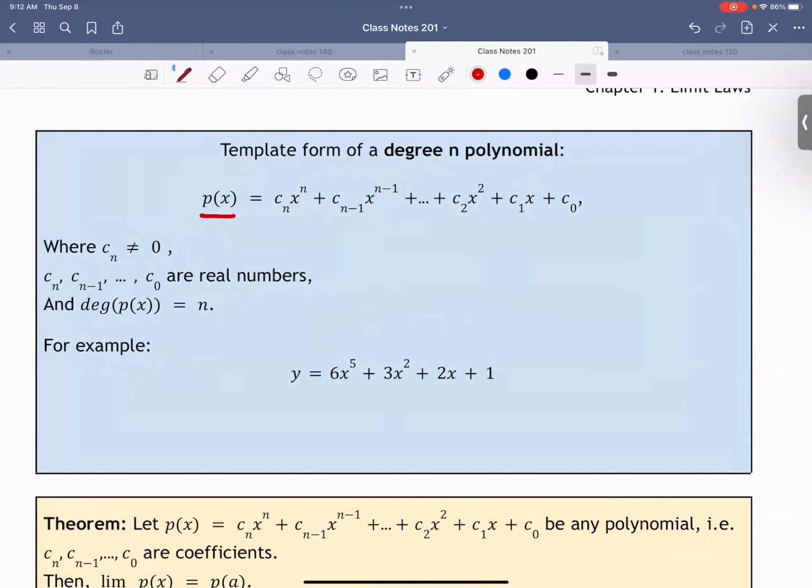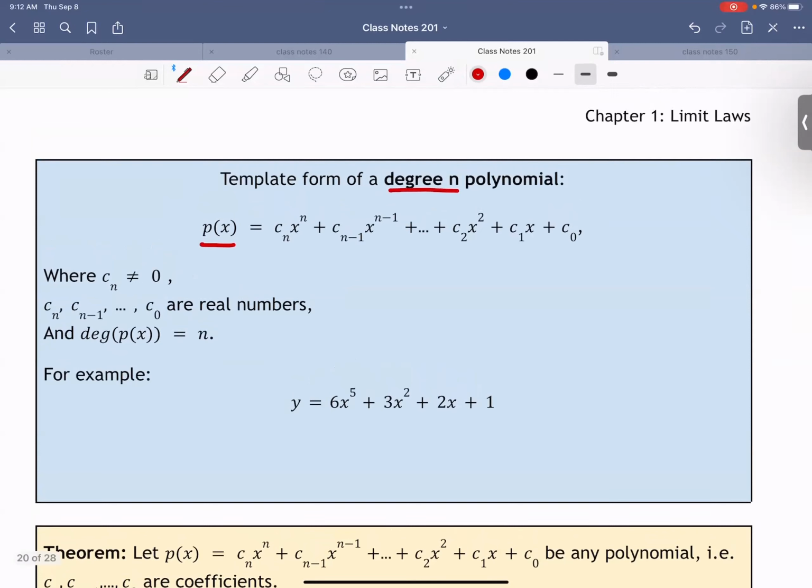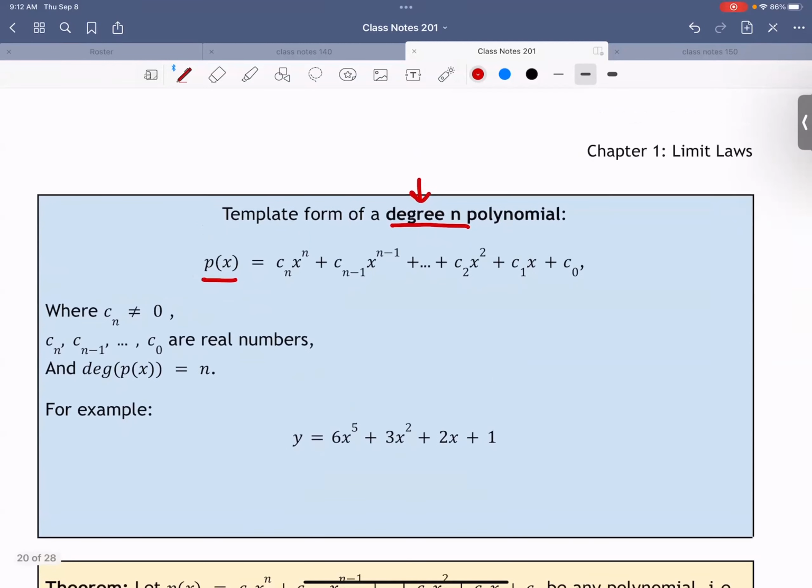So we know what polynomials look like, right? This is a generalized version of a degree n polynomial. What does degree n mean? What is the degree of a polynomial? What's the degree of x squared plus 2x? 2, good.